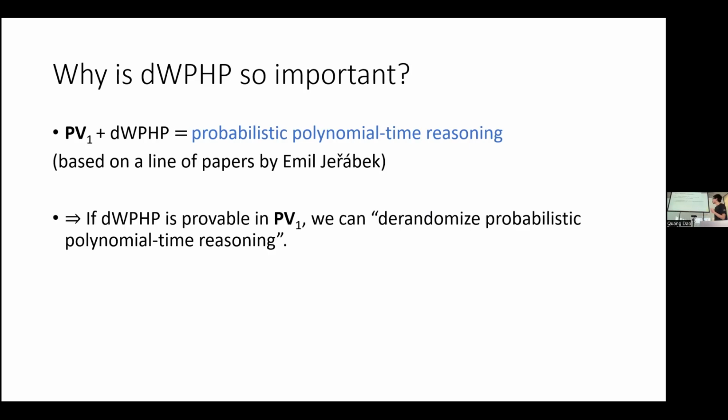So the question of whether the dual pigeonhole principle is provable in PV1 is actually asking whether you can de-randomize probabilistic reasoning. This is an apparently very interesting question, because if you can de-randomize probabilistic reasoning, it reveals some fundamental strengths in proof complexity about probabilistic and deterministic reasoning.